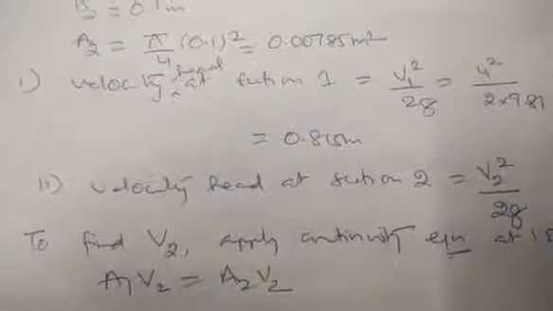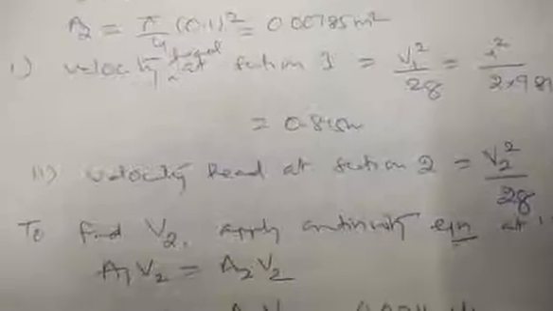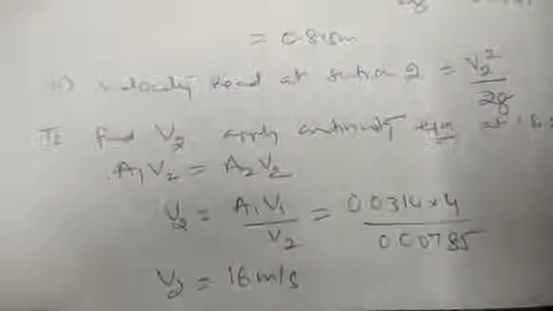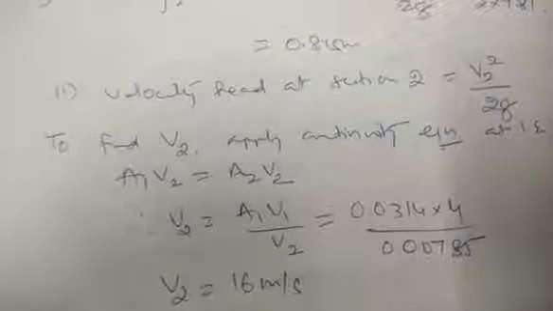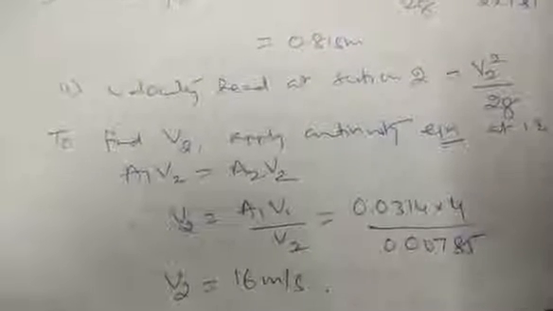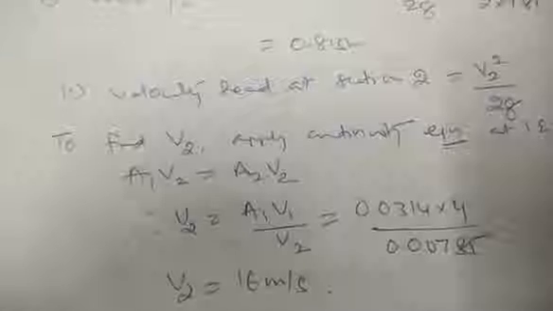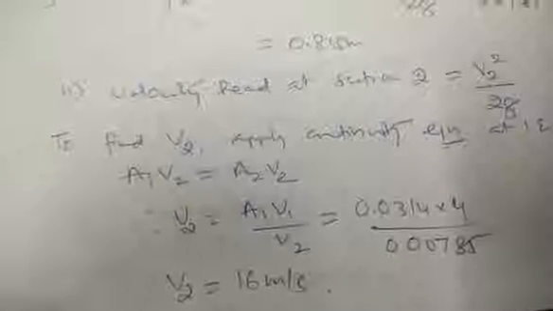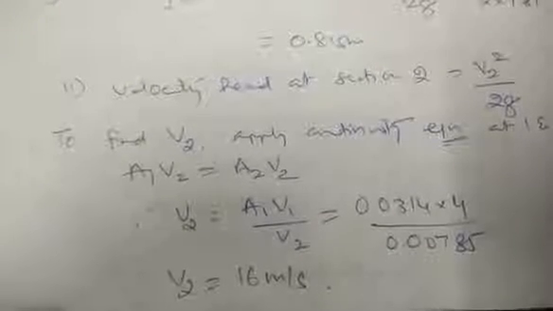Similarly, velocity head at section 2 is given by v2 square by 2g, but we need to find v2 here. v2 can be found by using the continuity equation. The continuity equation is given by Q is equal to A V, that is here Q is equal to A1 v1 is equal to A2 v2. From this equation we can find the value of v2. So v2 is equal to A1 v1 by A2.